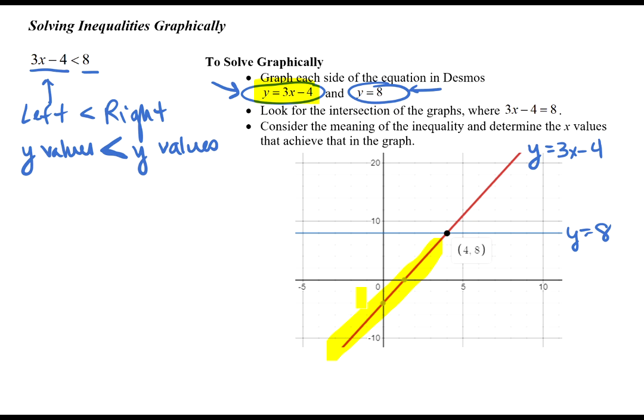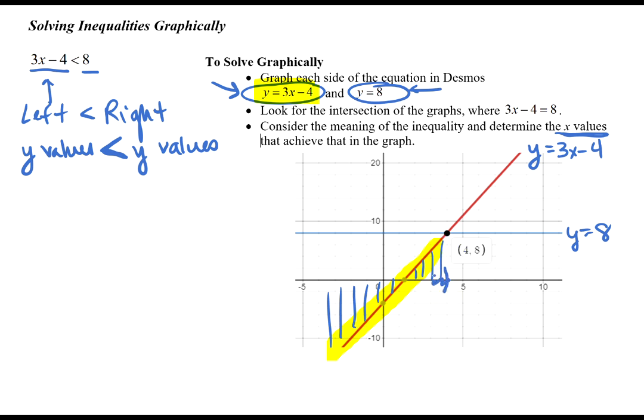Now our solutions are going to be the x values there. So keep in mind that we're going to be looking at the x values in that region. So when we kind of go down and imagine where we are on the x-axis or go up, what we have is that 4 is our boundary for where that's going to happen.